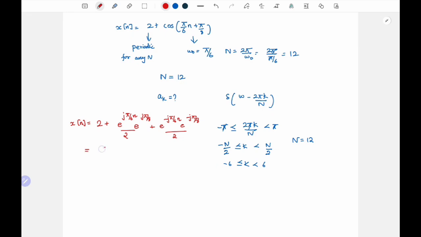So if you observe, this is nothing but summation k over N of a_k e power j 2 pi by N k n, which is nothing but pi by 6 k into n. Okay.